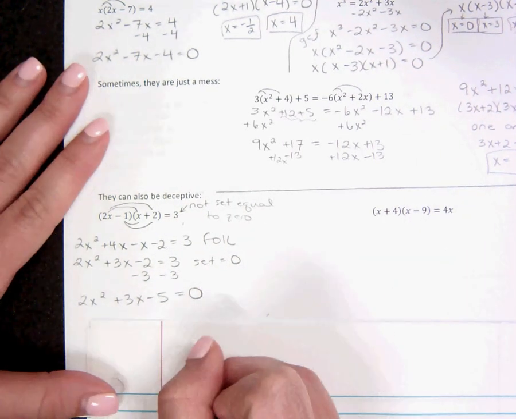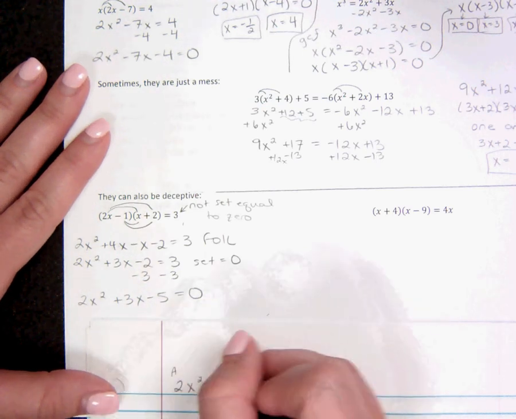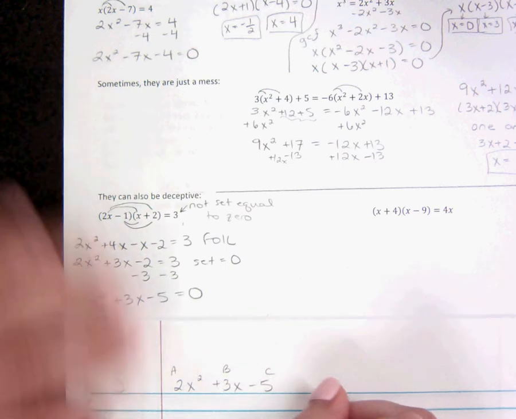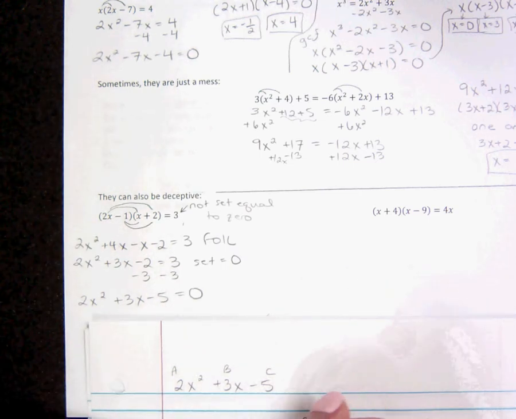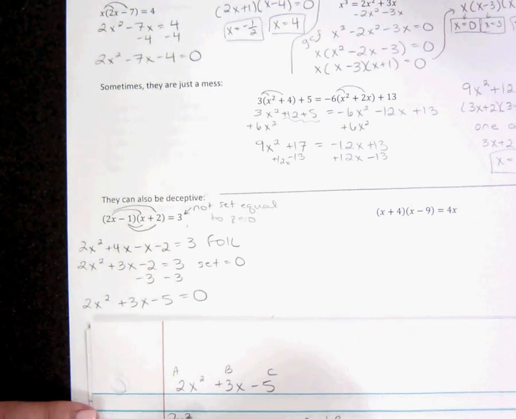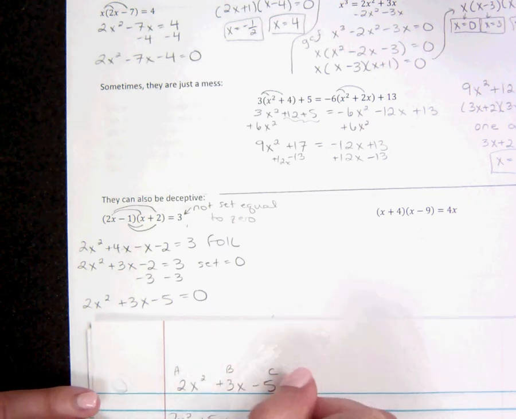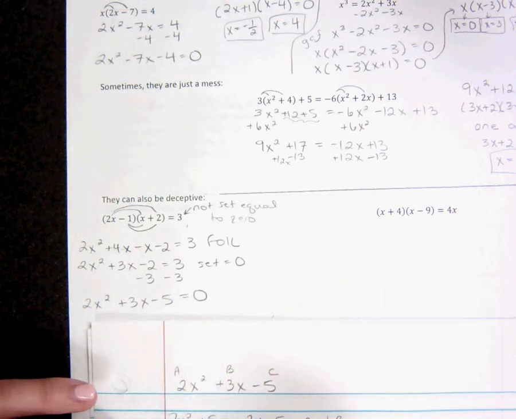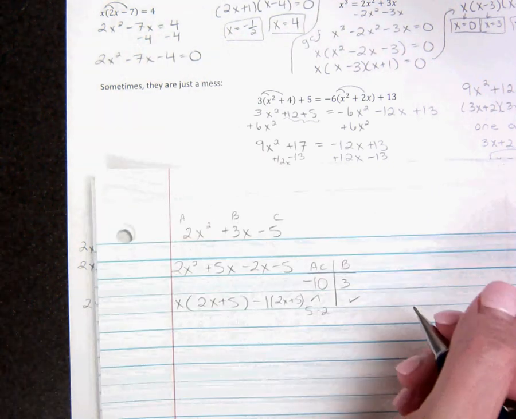We get 2x squared plus 3x minus 5. Get our factoring done. So 2x squared plus 5x minus 2x minus 5. I know I'm working these a little quick here. We should be really good at this part, so I'm not as worried about you seeing me through that.